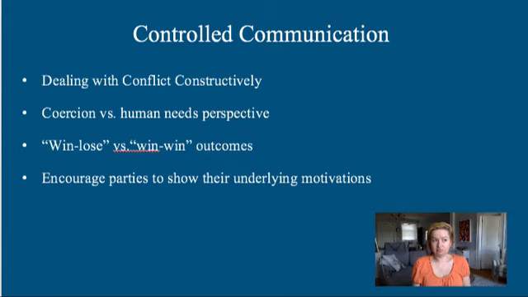And what's especially important is that the third party is not using coercion, is not using carrots and sticks kind of strategies, but problem-solving workshops aim at win-win solutions and outcomes. What does that mean? A win-win solution is when both parties can gain something from the talks, right? So it's based on the free will of parties to accept certain concessions.